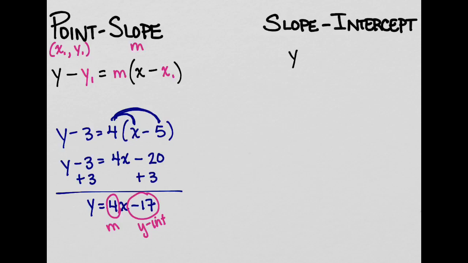Slope-intercept form is y equals mx plus b, and it's called that because it has the slope and the y-intercept, which is b. That is always going to be your goal, but as you can see, you can use point slope form as a tool to get you to your goal.